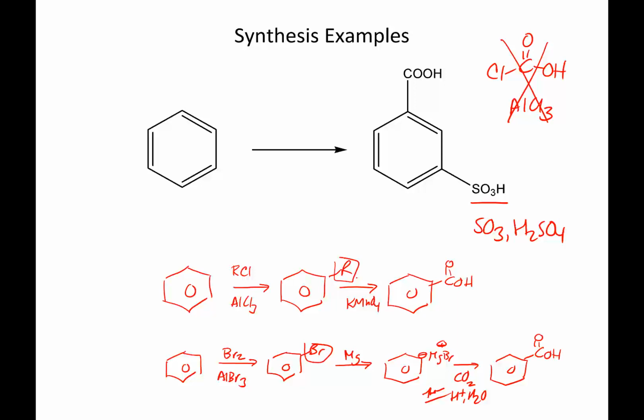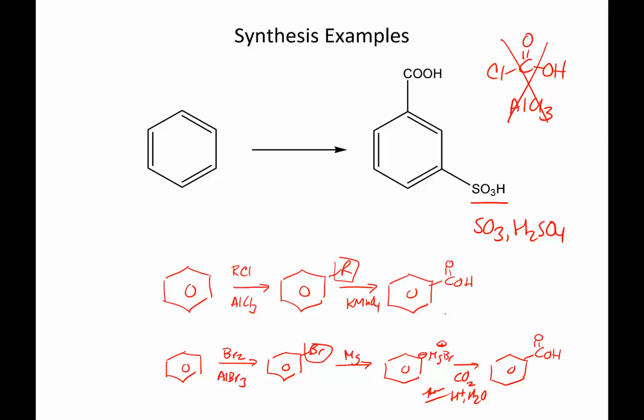So there are times when we need to add the group at a particular stage to get the right substitution pattern. These are groups that kind of switch: in between it's ortho-para, but at the end it's meta.